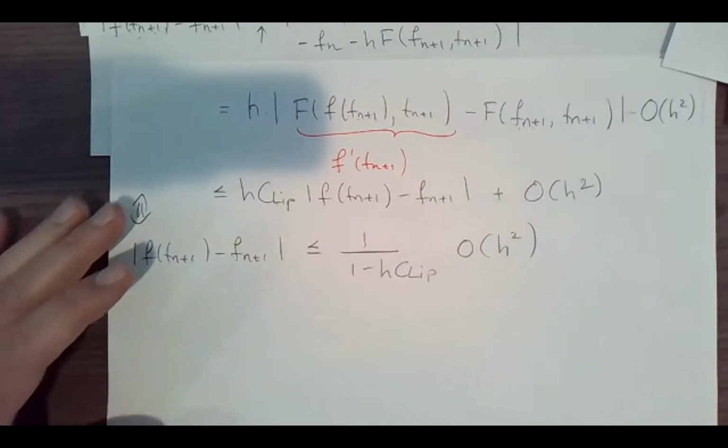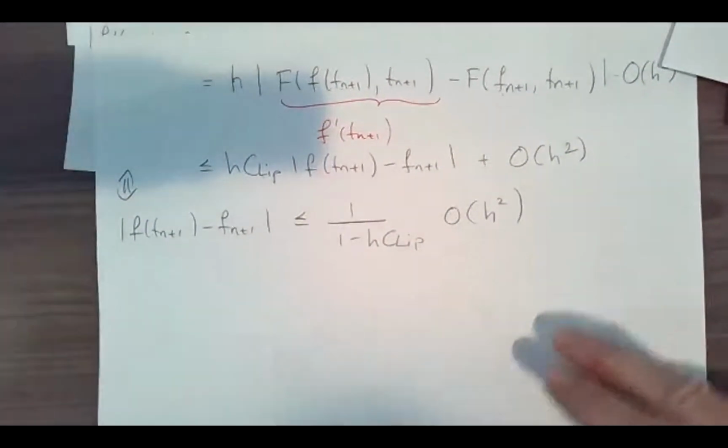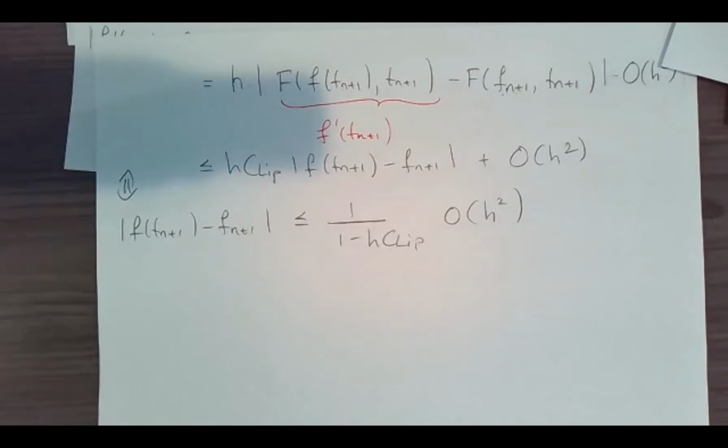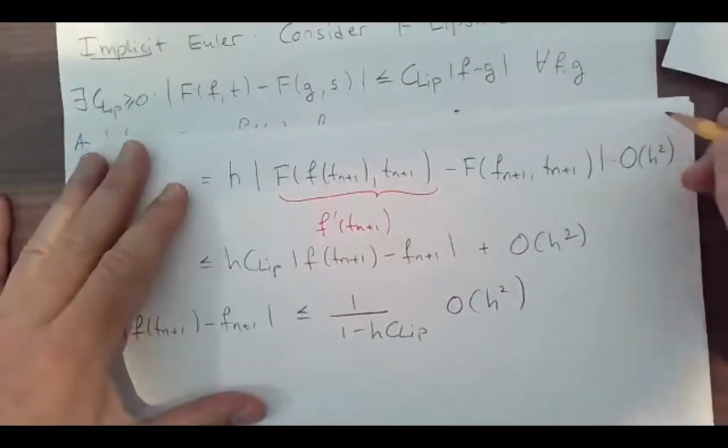This is the same as what we did in the other one, the explicit Euler scheme. Page 26.